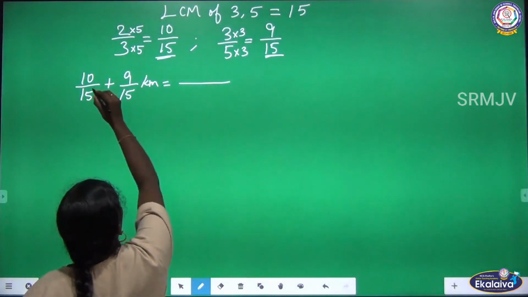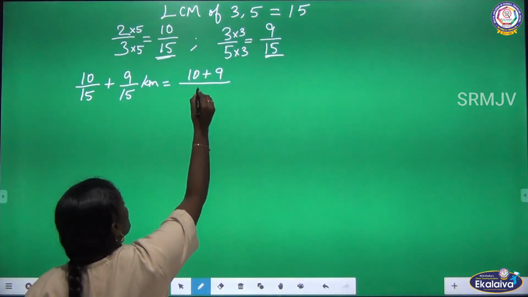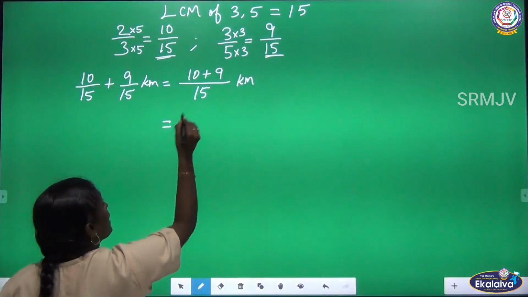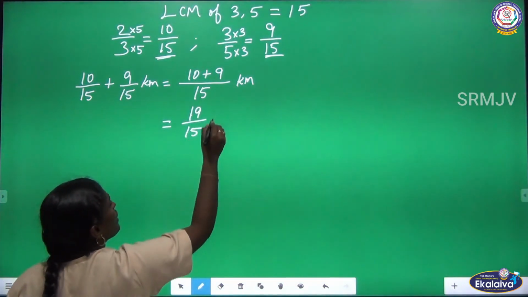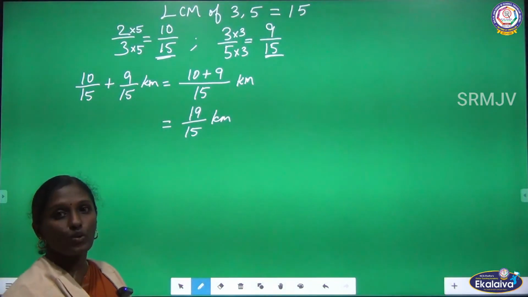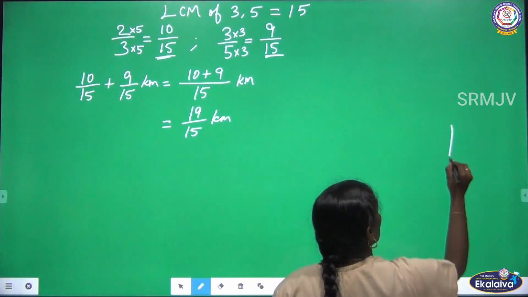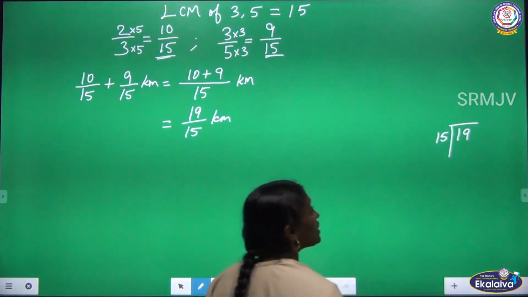So now we have to add the numerators 10 plus 9 by the same denominator 15. Okay. So 10 plus 9, that is 19 by 15 kilometer. Now we got an improper fraction. So we have to convert it into mixed number. For that we have to divide the numerator 19 by the denominator 15.